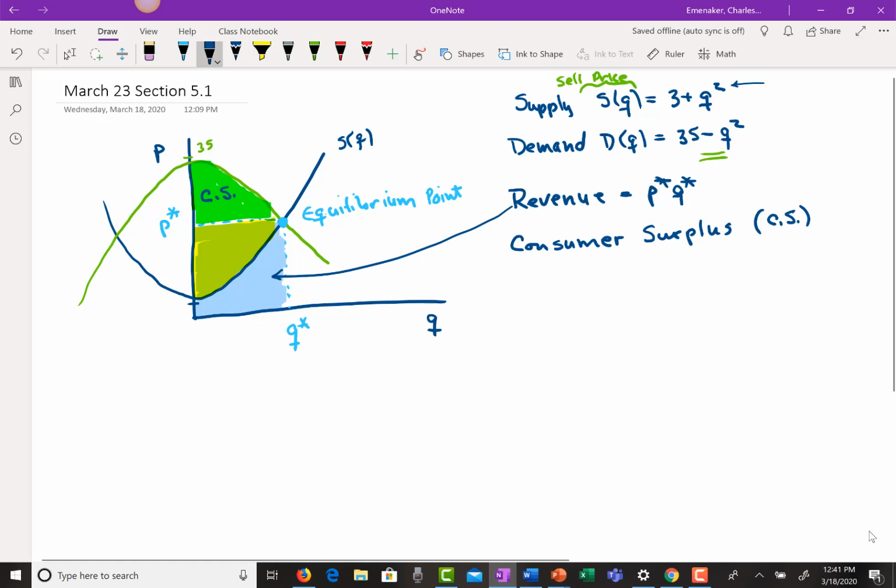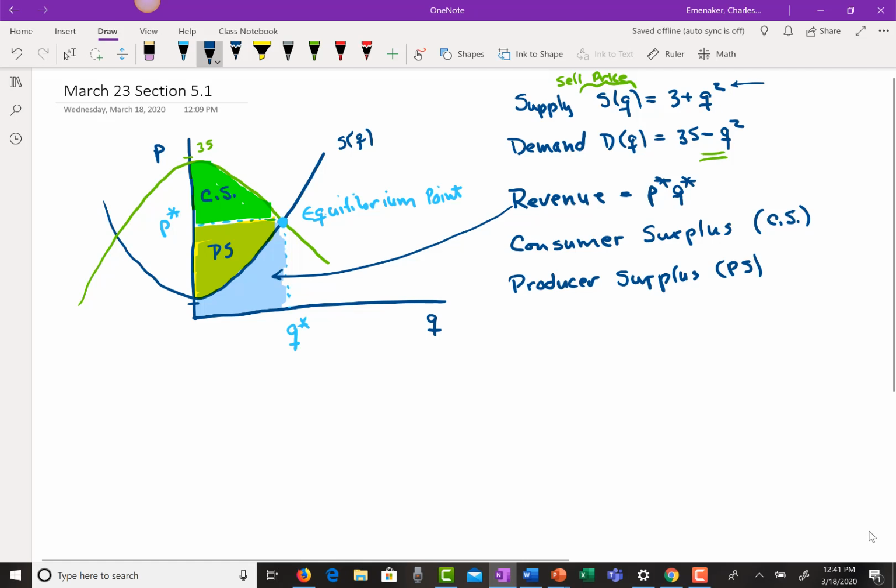By selling it at this higher price, you wind up with what is called a producer surplus. And we'll abbreviate that as PS. So this yellow shaded section is going to be the producer surplus.